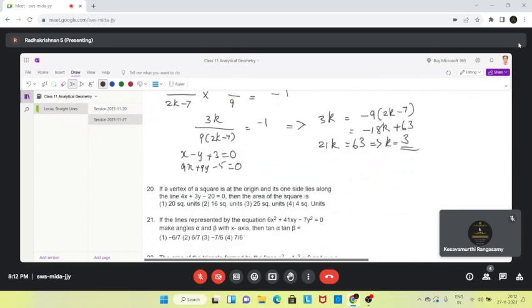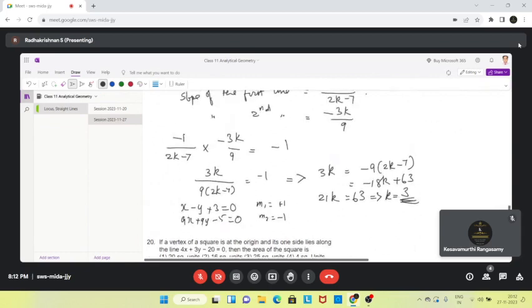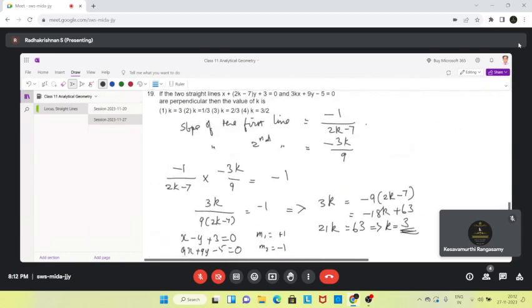Okay, so we can easily see that the slope of this line is +1 and slope of this line is -1. So they are perpendicular to each other because m1 m2 is -1. This is a verification. Okay, so the k value is 3. Option 1.